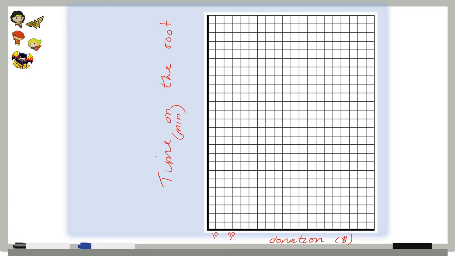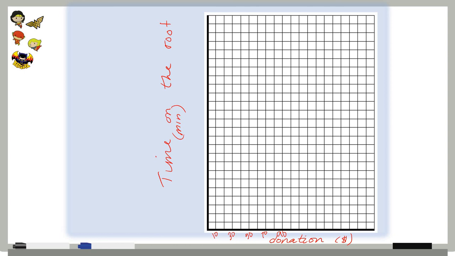Notice I'm only writing every other one, because I don't want to run out of space. That doesn't mean that this isn't worth 20 or that this isn't worth 40. It just means that we're using our space a little bit more wisely. And then here I can still count by ones for my minutes because I have enough space.